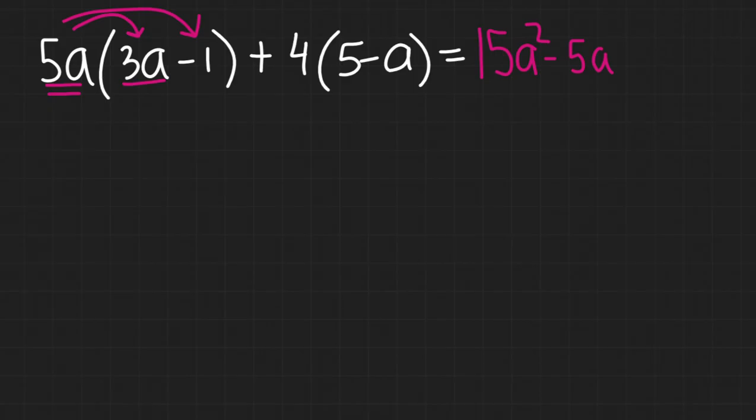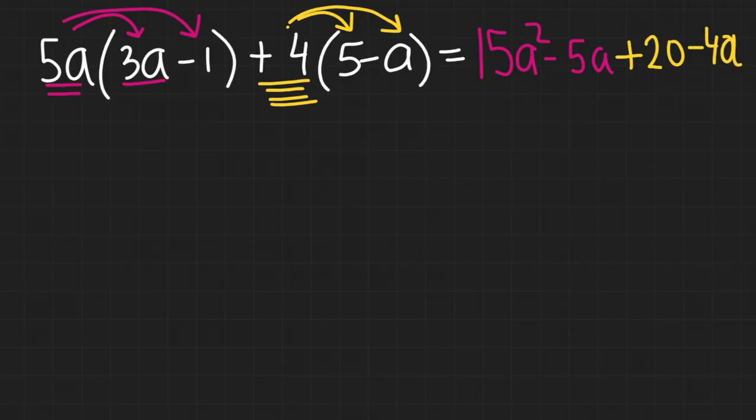Now we have positive 4 multiplied by 5. 4 times 5 is 20, so positive 20. Finally, positive 4 multiplied by negative a. 4 times a is 4a, but it's negative 4a. Good.